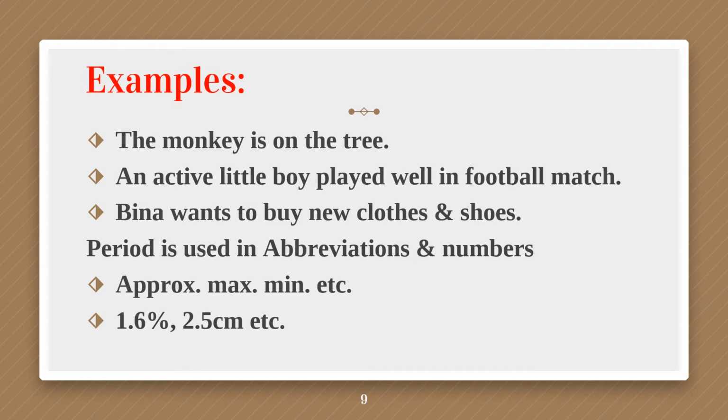Then we use a dot at the end of that, maximum, minimum, etc. And we use full stop or period in numbers as well, like 1.6 percentage, 2.5 centimeter, etc.